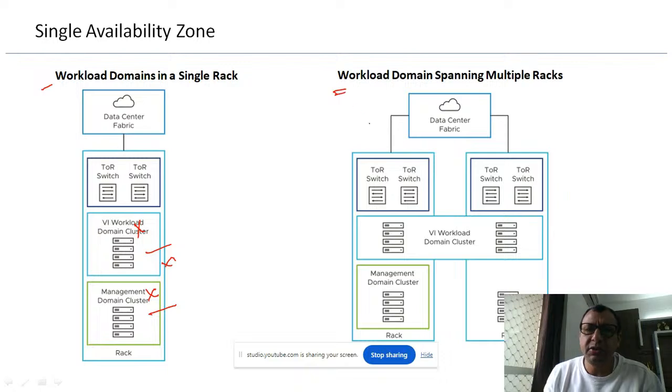When we say it spans multiple racks, some of the nodes could be in one rack, and some of the nodes in another rack. In that way, we can define rack-level failure tolerance. If one rack fails, my second rack's nodes will keep on running, my cluster will be in a healthy state, and my workload will keep on running. So it could be a single-rack topology or a multi-rack topology.